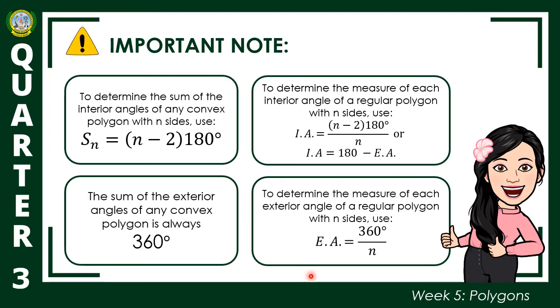Identify kung ano yung given. Ang given ba ay number of sides, ang given ba ay interior angle, ang given ba ay exterior angle. And then after that, determine what is being asked. Okay, ano naman yung hinahanap? Okay, and then after po nun, you have to choose which formula you are going to use. Okay, and then choose wisely na lang po.